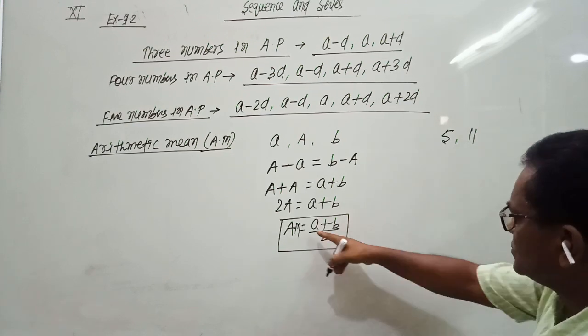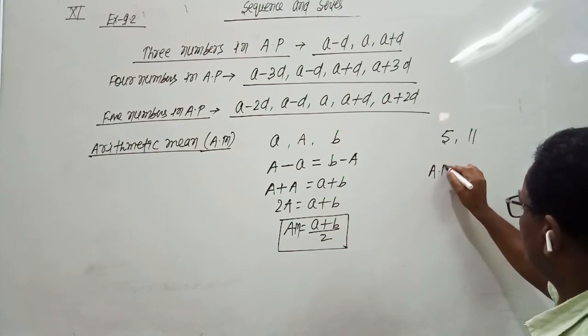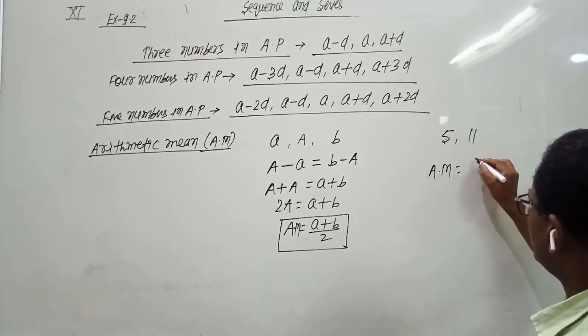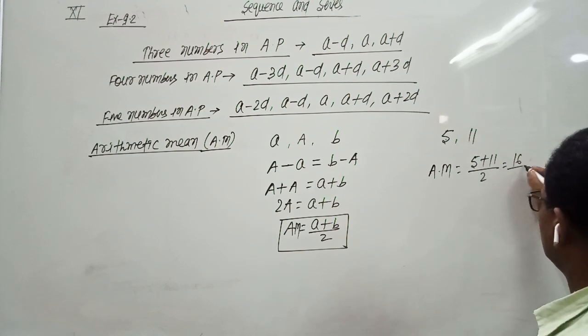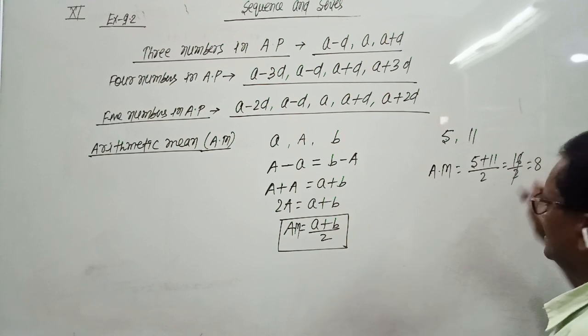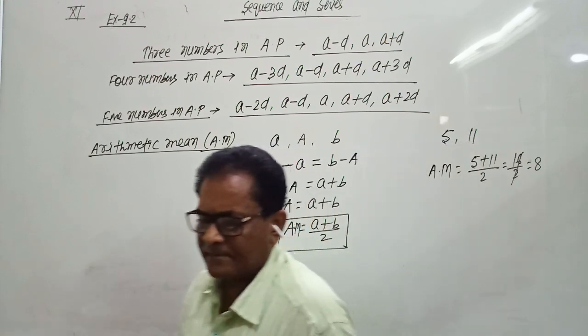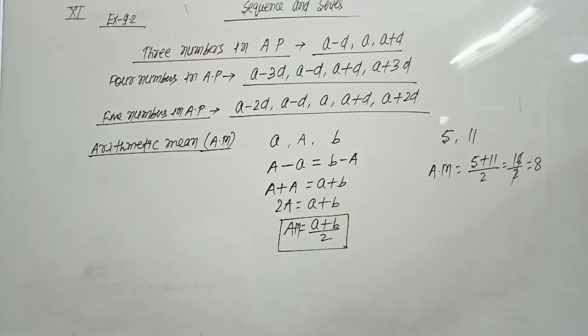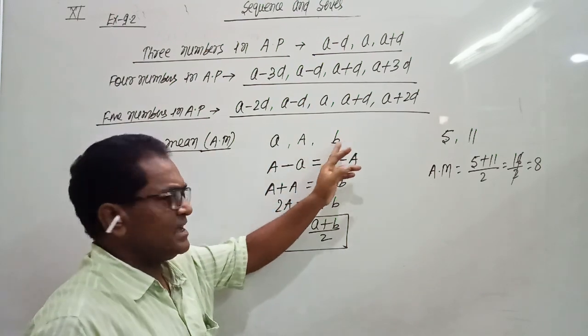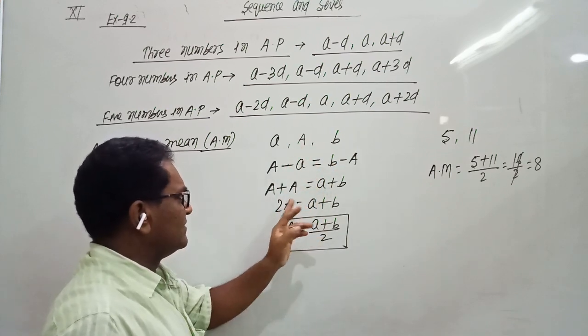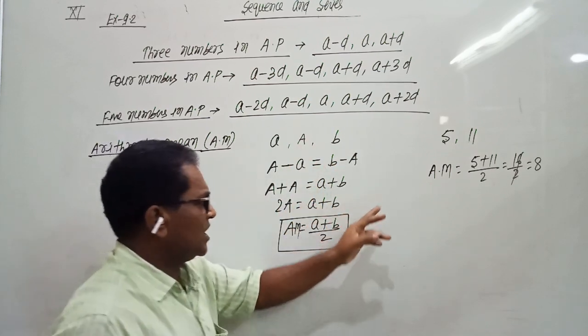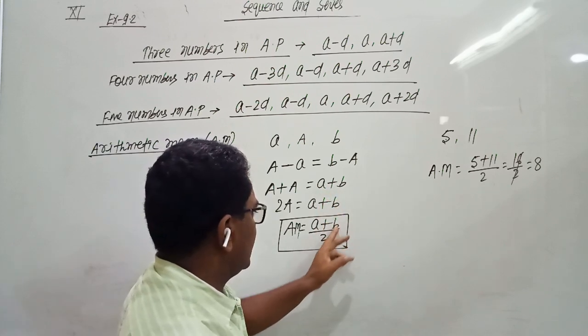Then we use this formula: (a plus b) by 2 is (5 plus 11) by 2, 16 by 2, we get 8. So the single arithmetic mean between two numbers a and b is given by (a plus b) by 2.